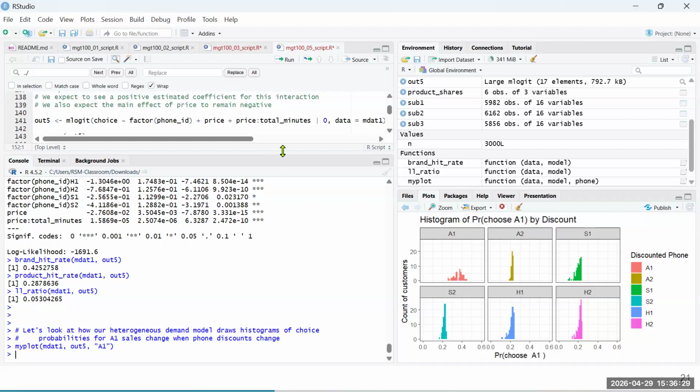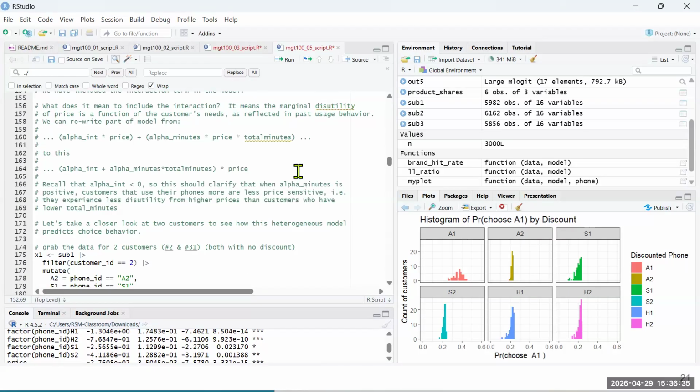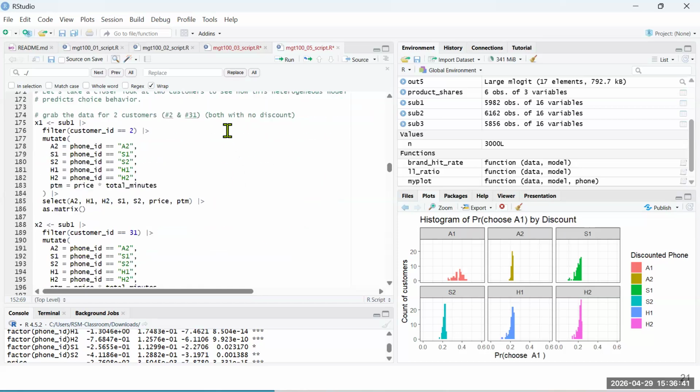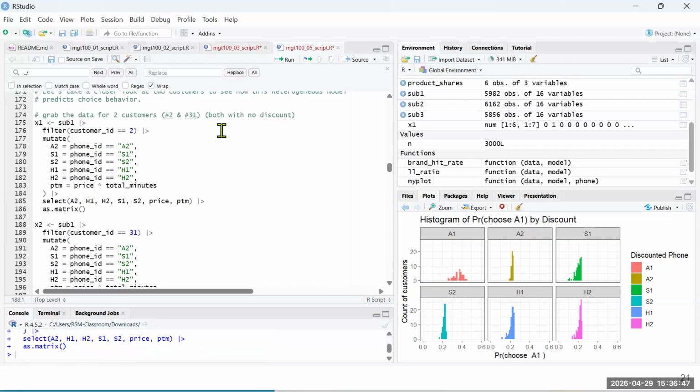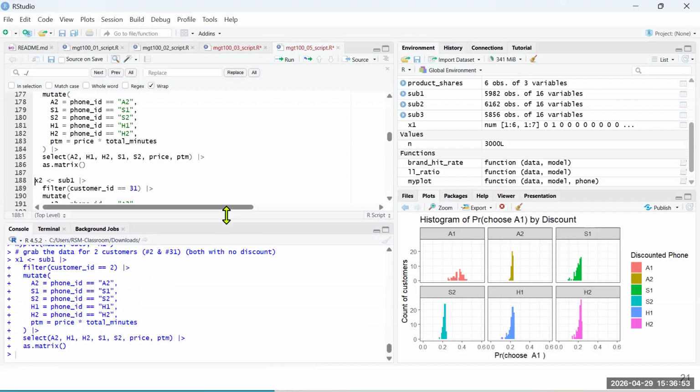And we can really dig into this a little bit if we want to, which is what we're going to do next. So we're going to pull out 2 individual customers, and we're going to calculate their individual probabilities to illustrate what's going on underneath the hood of the model.